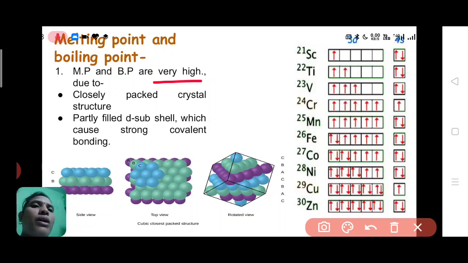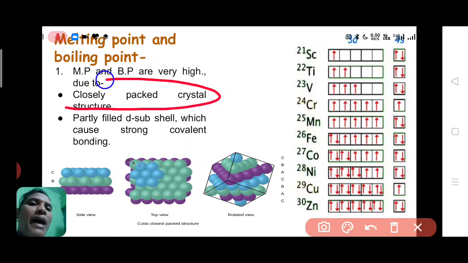See, d block elements have high melting and boiling points. Why is this so? This is due to closely packed crystal structure.